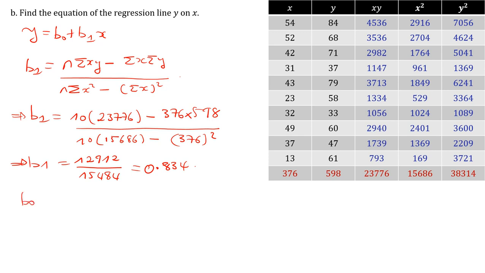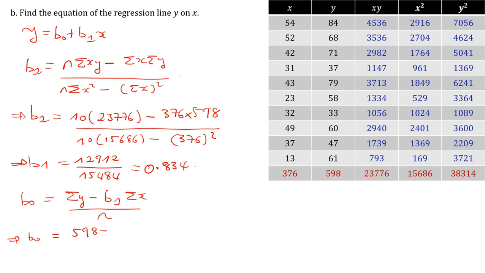Now b0 is simply equal to the sum of y minus b1 times the sum of x, all divided by n. And so this means our b0 will be equal to the sum of y, which is 598, minus b1.